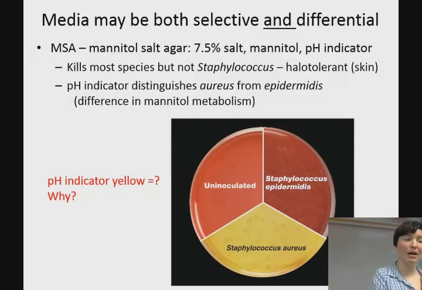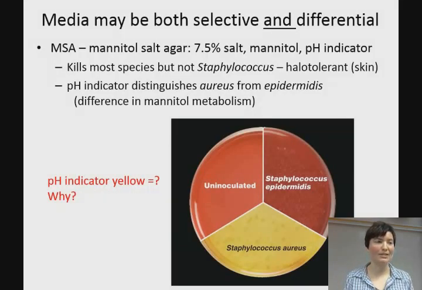Now, we did talk about halotolerant and obligate halophiles and extreme halophiles, which would be those organisms that can tolerate or even prefer high salt. So there's the salt in there that will allow us to tell if something can survive high salt. That is going to be the selective part, right? Because if you can't survive high salt, what happens to you? You die. Okay, so dead or alive, that's the selective part.